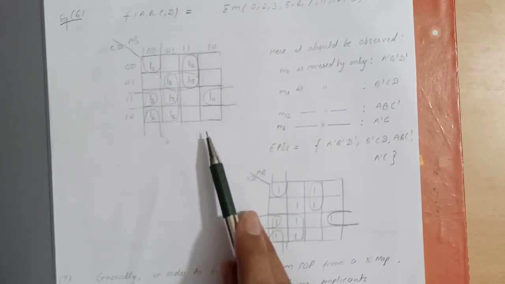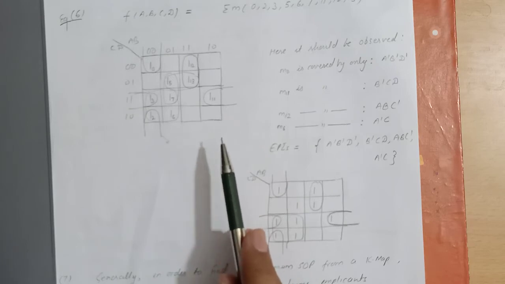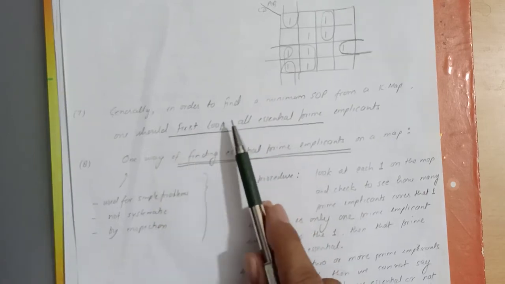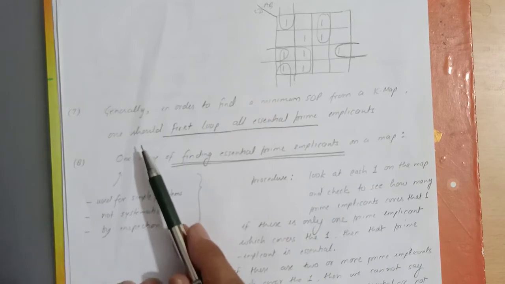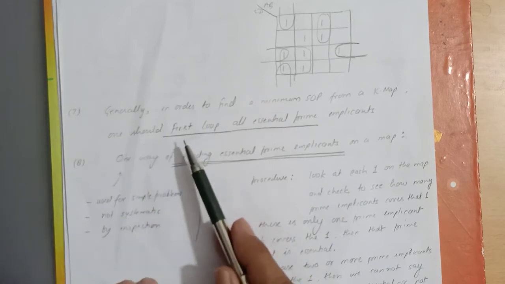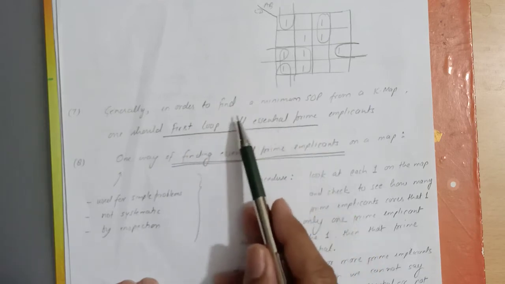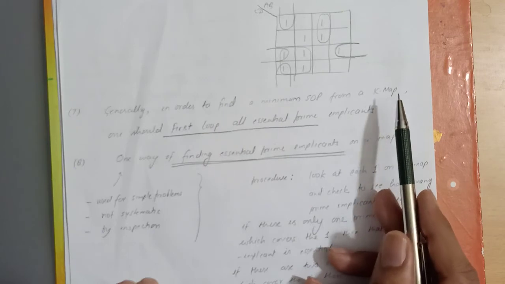So we will look into that, how we will find the essential prime implicant. For simpler problems, in order to find a minimum expression, this is our one rule. We first loop all the essential prime implicants in order to find the minimum SOP from a K map.